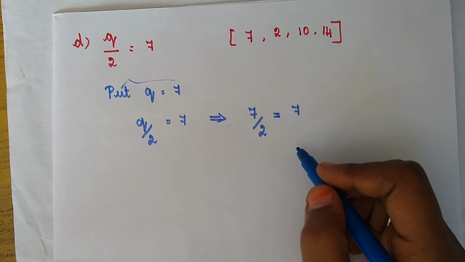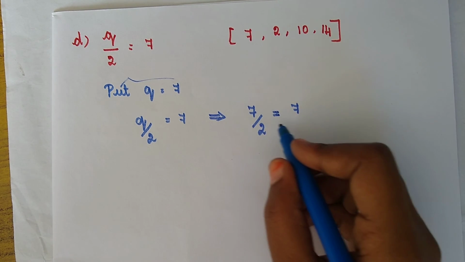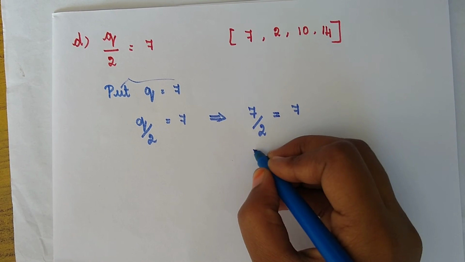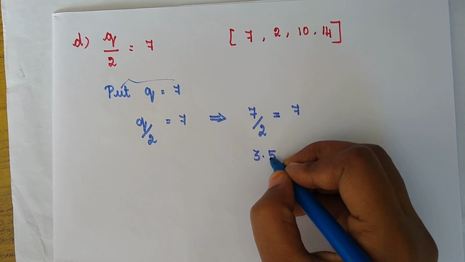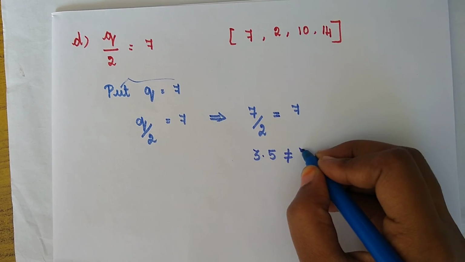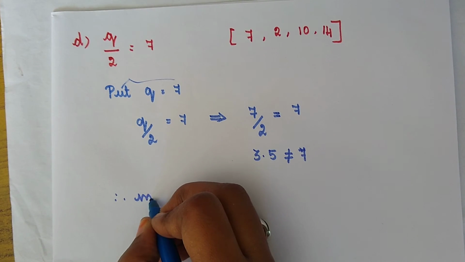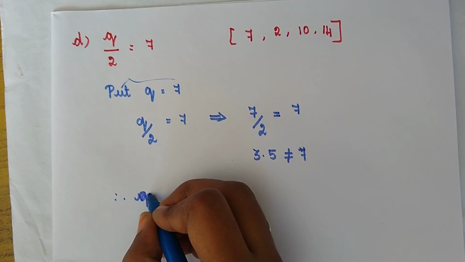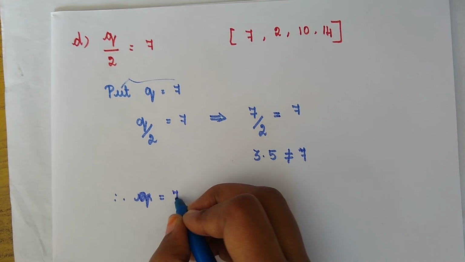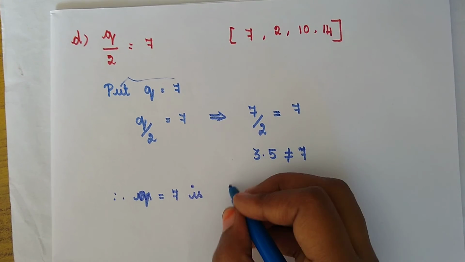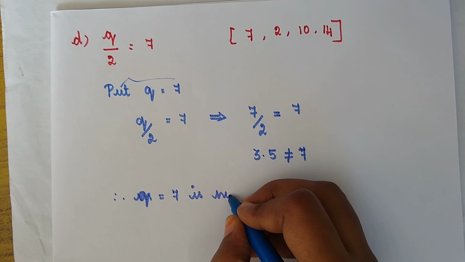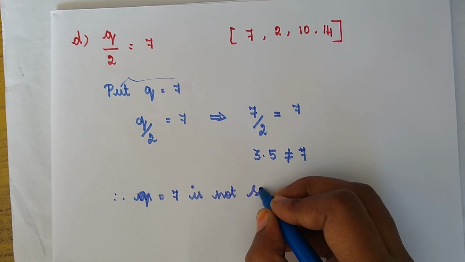Okay, so 7 by 2 means 3.5. 3.5 is not equal to 7. So q equal to 7 is not a solution.